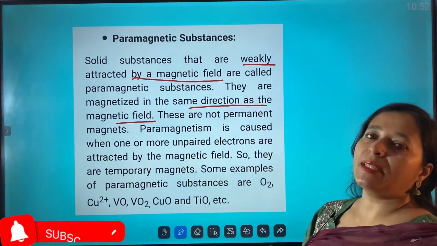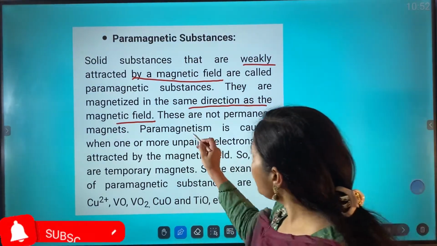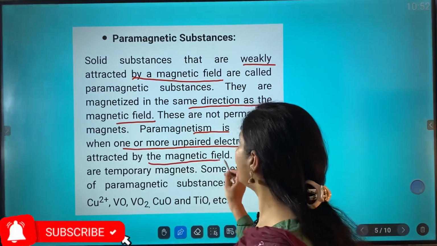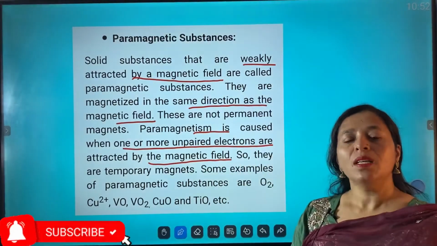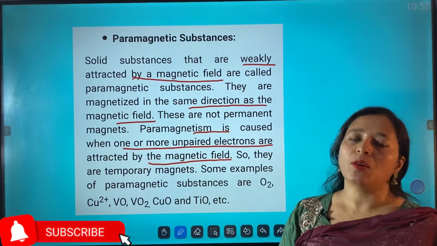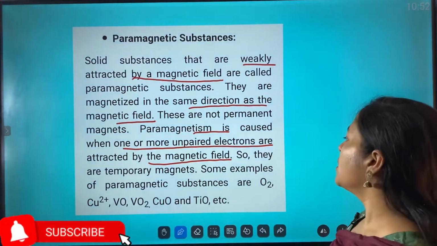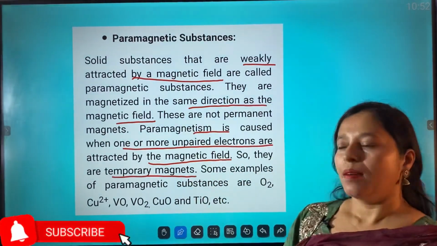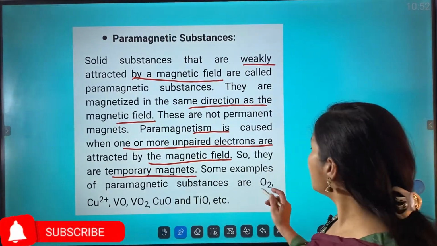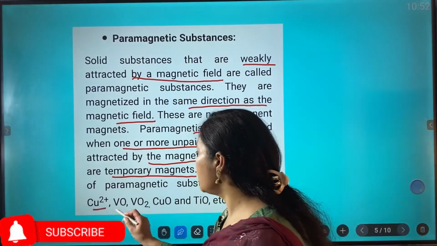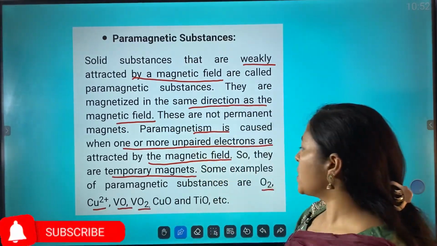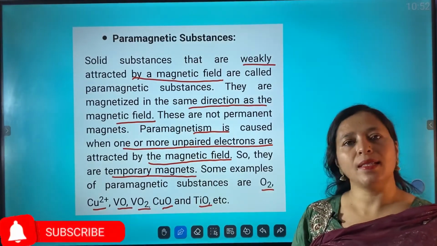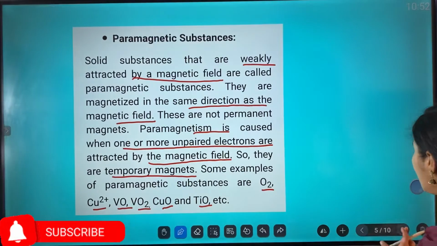Paramagnetism is caused when one or more unpaired electrons are attracted by the magnetic field. So they behave as temporary magnets, not permanent magnets. Examples are oxygen, copper ion, vanadium oxide, copper oxide and titanium oxides.